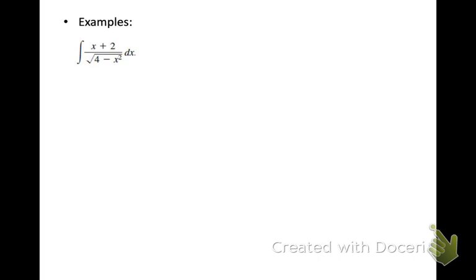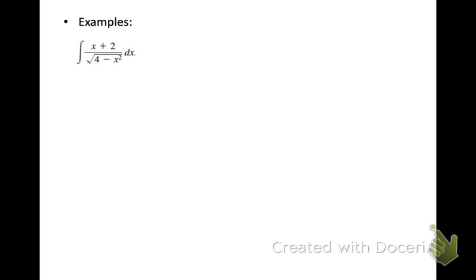Probably need to rewrite this a little bit. Okay, we're going to decompose this fraction. So I have the integral of x plus 2 over the square root of 4 minus x squared, dx. So before this fraction was one thing, it was how many things? 2? Yeah. Because it's x plus 2, wasn't it?